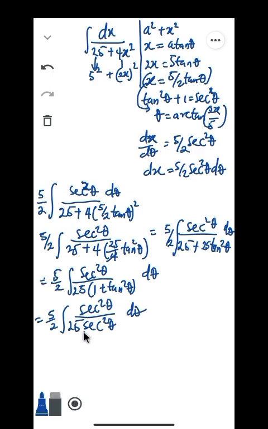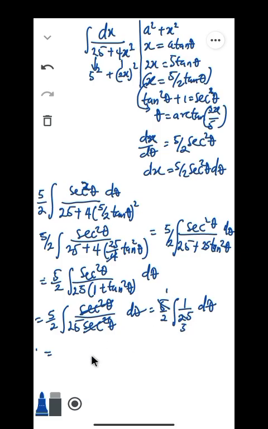So watch, sec squared can cancel sec squared here, and what do we have? This is equal to 5 over 2 times the integral of 1 over 25 d theta. Now I can bring out this 1 over 25 outside to multiply 5 over 2. We know that 5 over 2 times 1 over 25 should give us what? 5 into here is 1, 5 into here is 5.